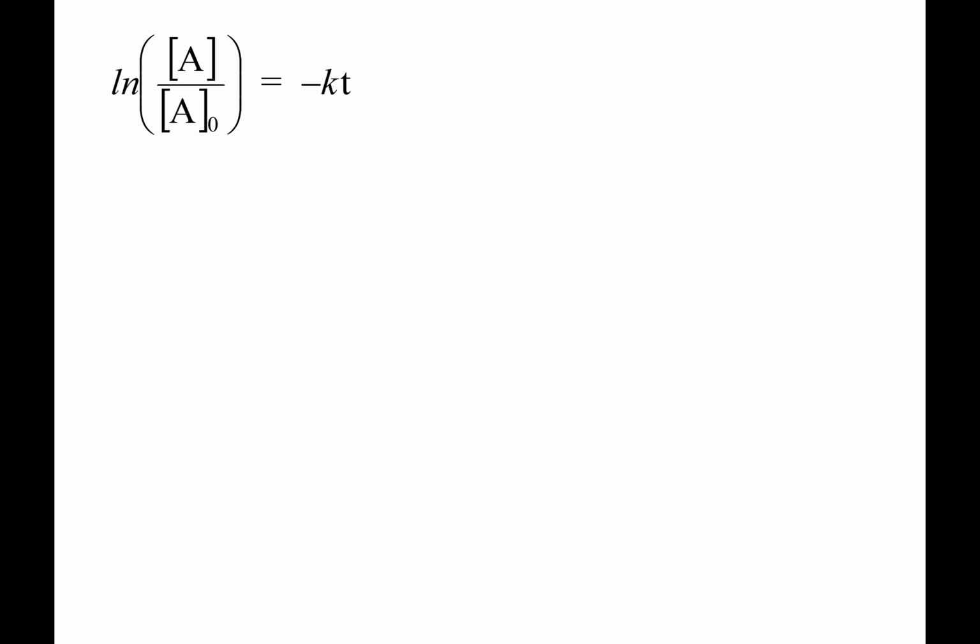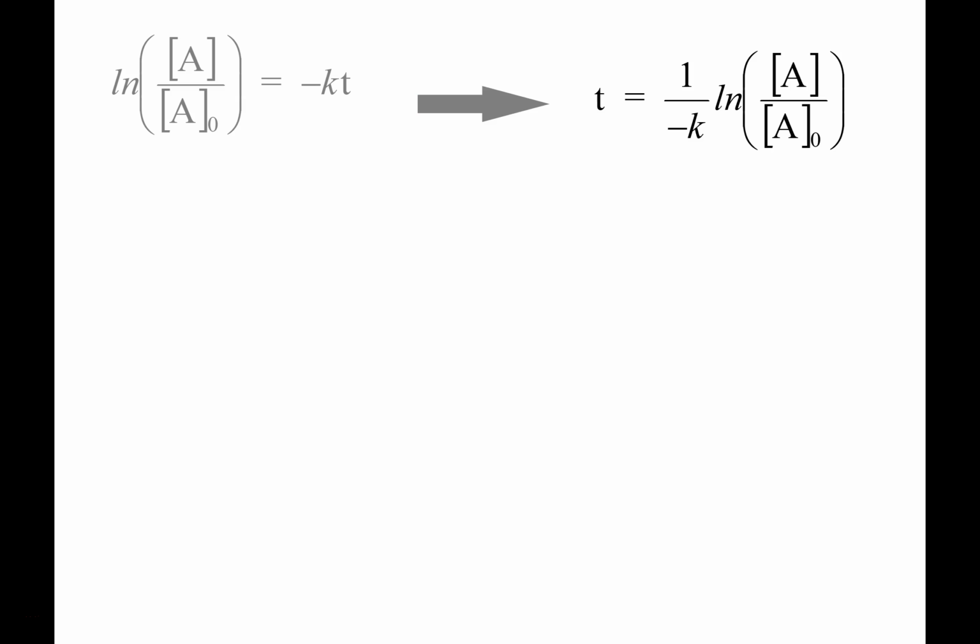For this one, since we don't know the time, I'm going to use this other option for the first order. Rearranging for time, the time is equal to 1 over negative k, the inverse of negative k, times the natural log of the ratio of A to A0.